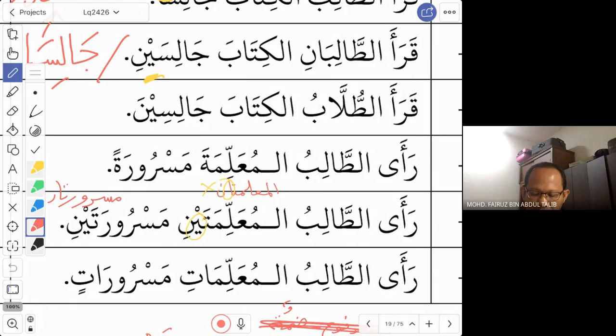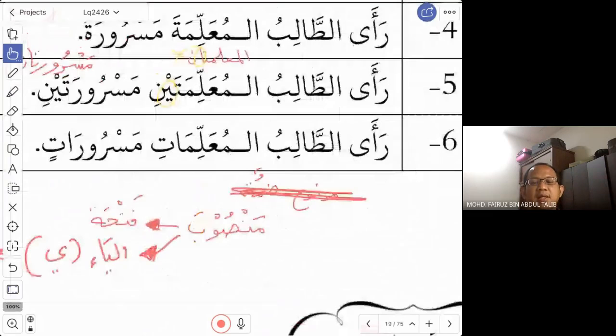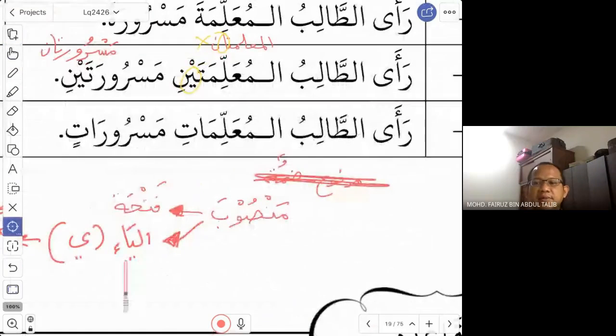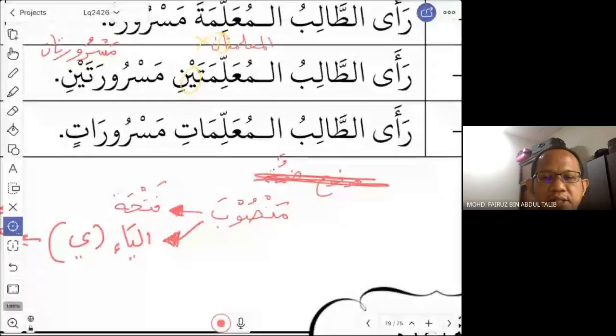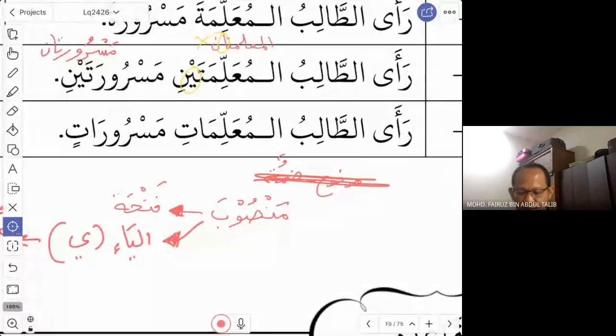But why don't we use masruratani? Because masruratani is for marfu. But now this is hal, then it needs to be in the state of mansub. Therefore, we use the ya. Alright? So this is what we say here, mansub, by using the letter ya. Any question for the second alama, ya?